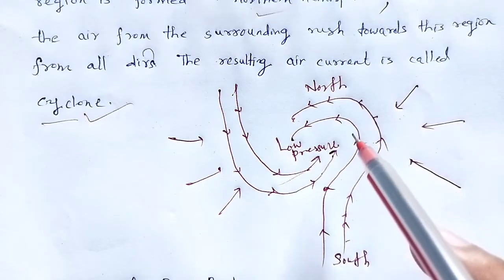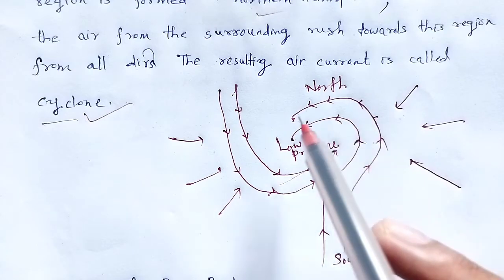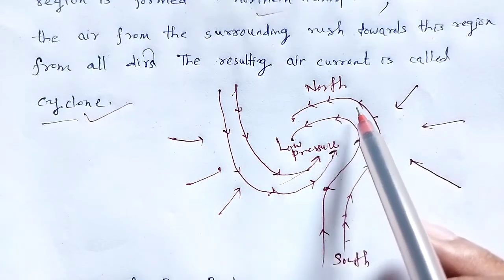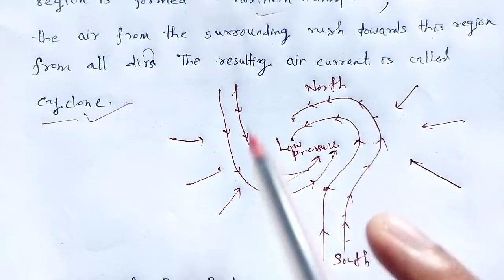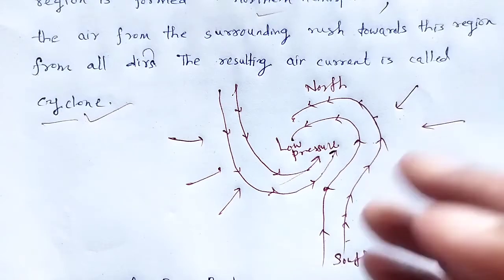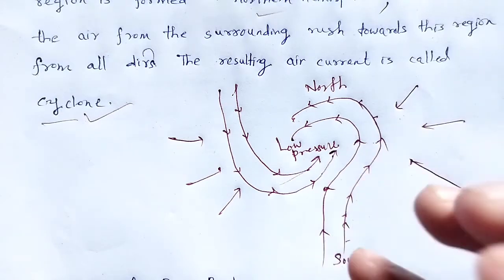This process continues till the thrust due to the pressure gradient is balanced by that due to the Coriolis force. Until this condition appears, the process continues.